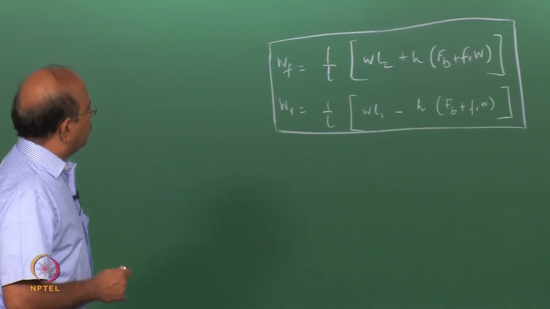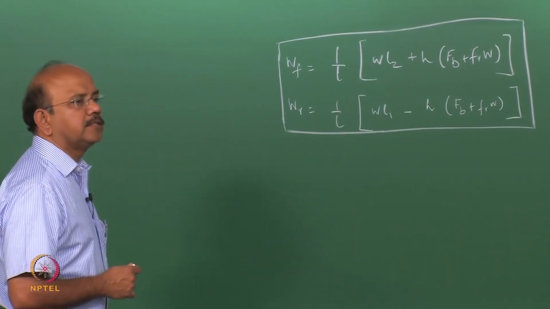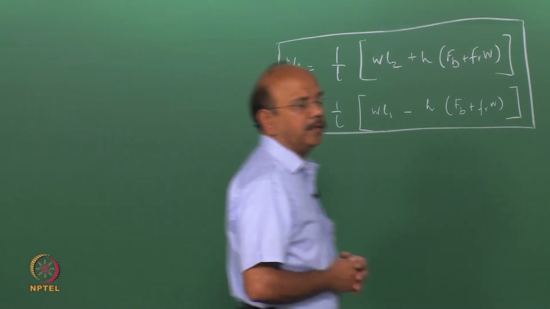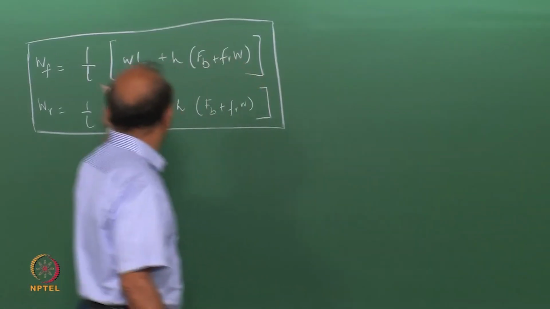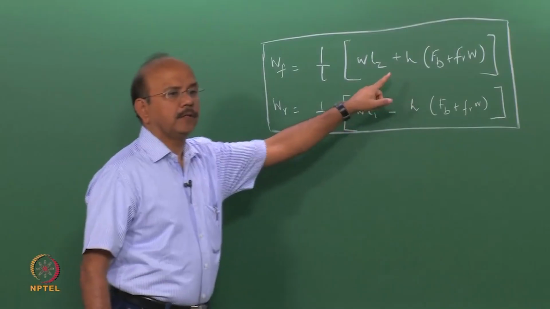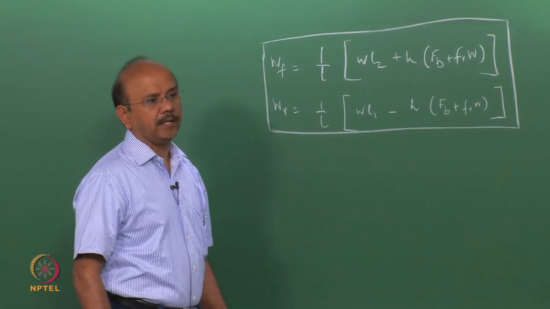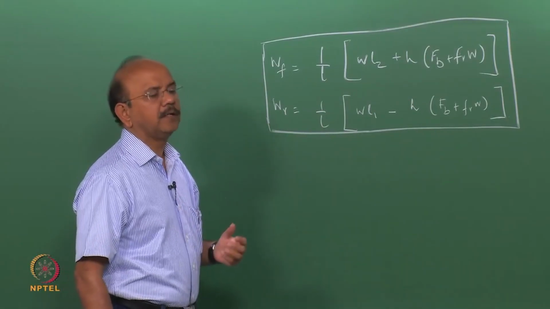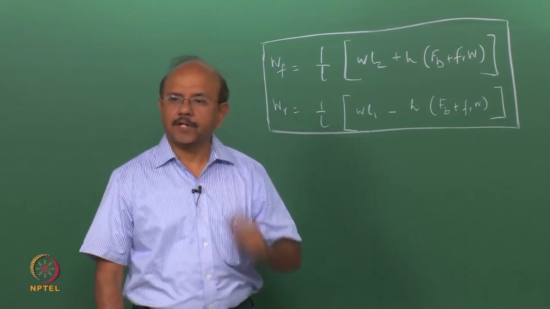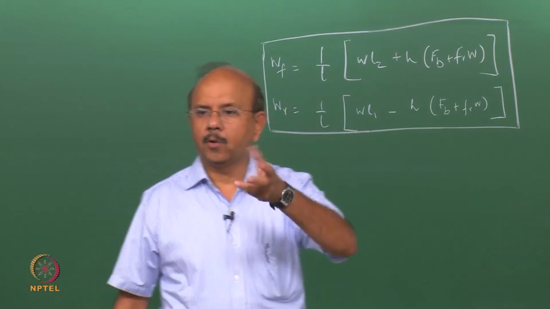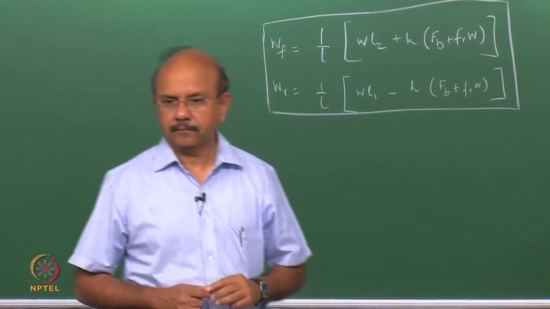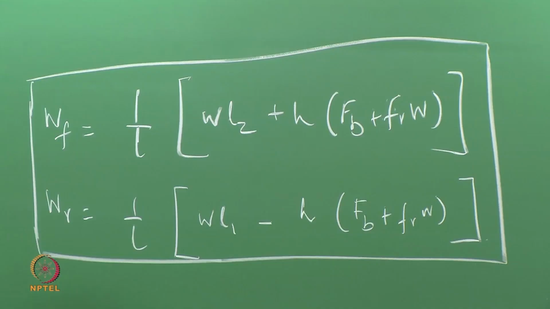And we also made a comment that there is load transfer in braking, where the front reactions are high, or the load gets transferred to the front, unlike the acceleration part, where the load gets transferred to the rear. This is what we saw.